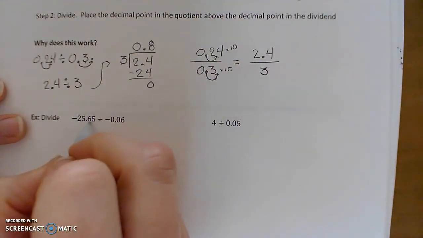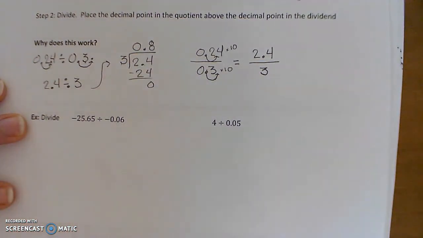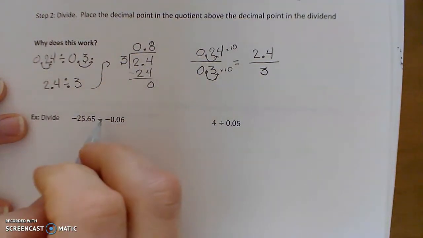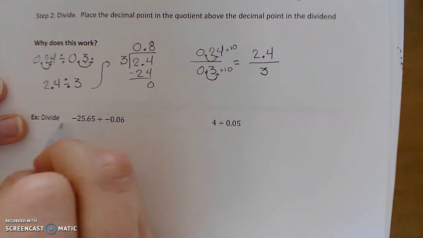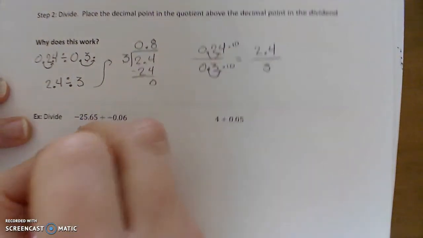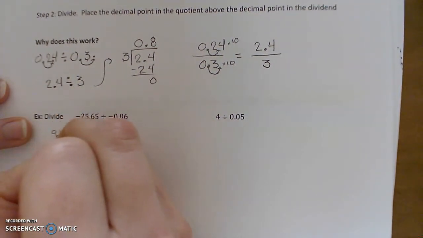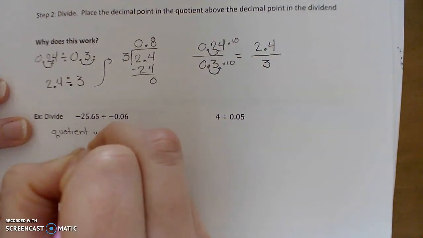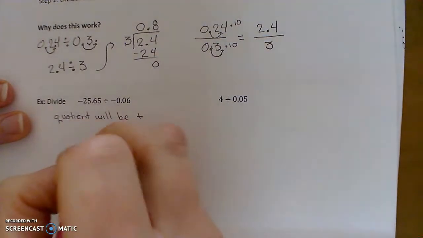Negative 25.65 divided by negative 0.06. First thing, those negatives are just a pain. So what we'll do is think about what the sign would have to be for the quotient, and then we'll ignore the signs. Negative divided by negative, the quotient will be positive, right? So I can just go ahead and ignore those signs now.